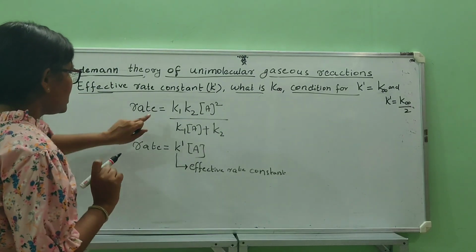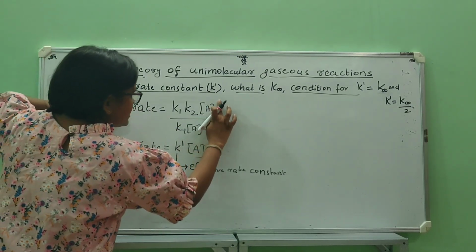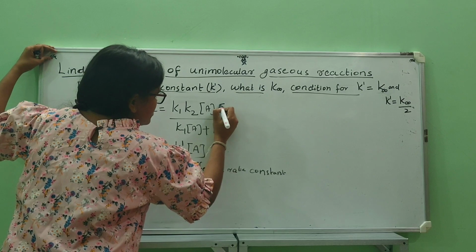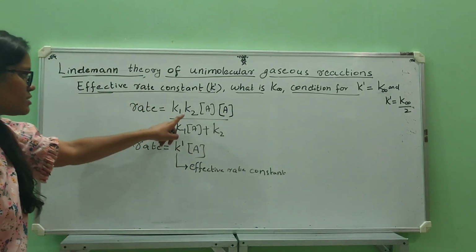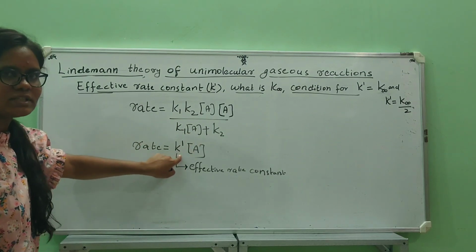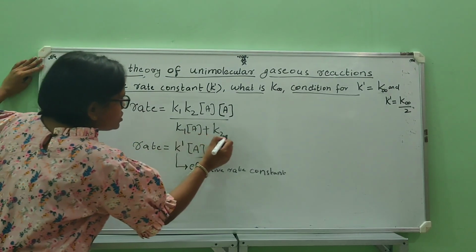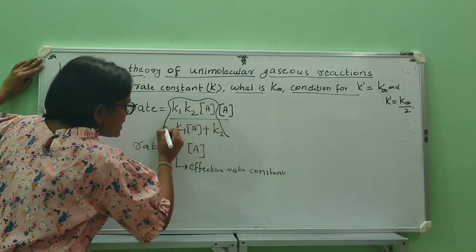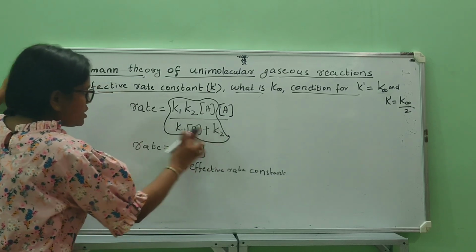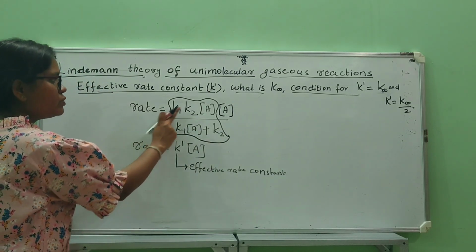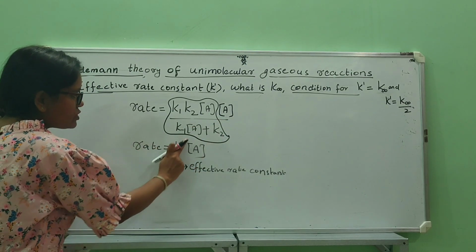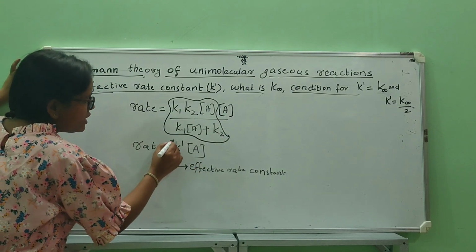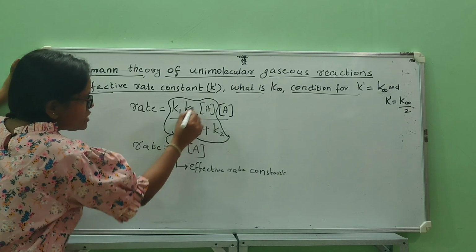Okay. Here, can I write this A square as A into A? Now you compare this experimental rate equation with the theoretical rate equation. So, if I consider this entire term as some constant, now the rate is equal to some constant into A, and here the rate is equal to some constant into A. Now can I equate this K dash to this term?